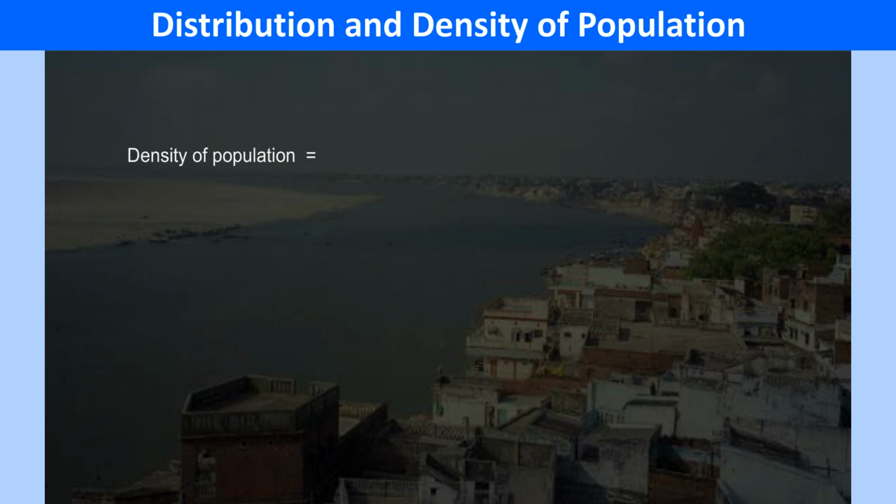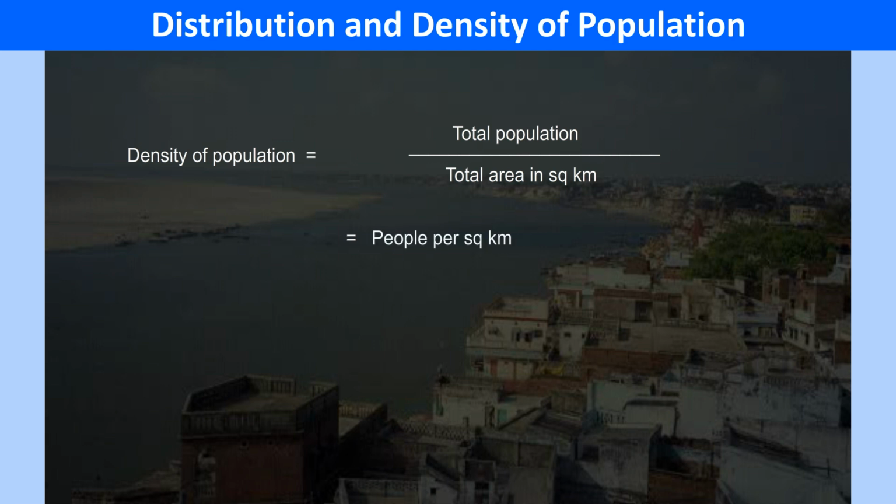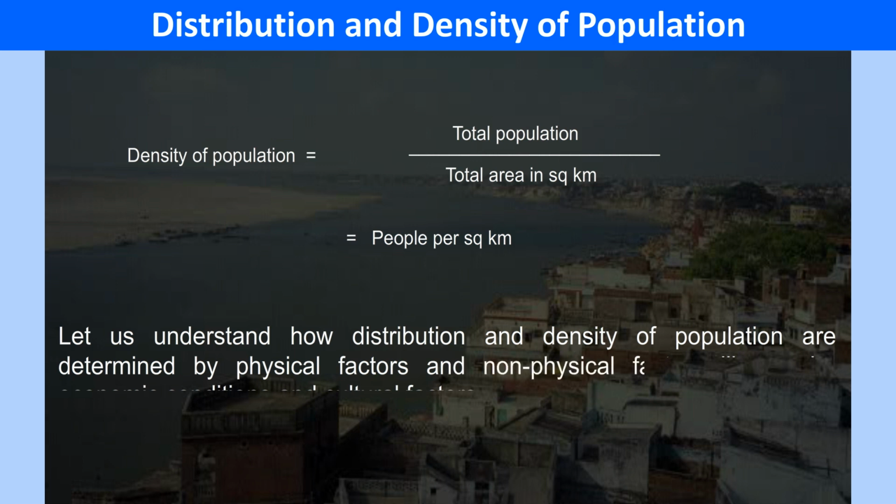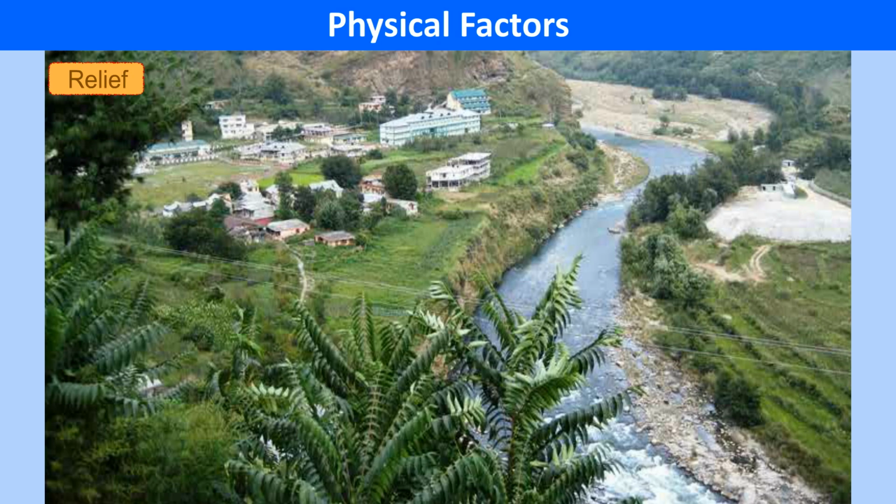Density of population is equal to total population upon total area in square kilometer, which is equal to people per square kilometer. Let us understand how distribution and density of population are determined by physical factors and non-physical factors like socio-economic conditions and cultural factors.